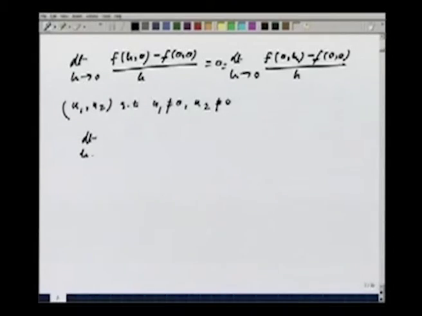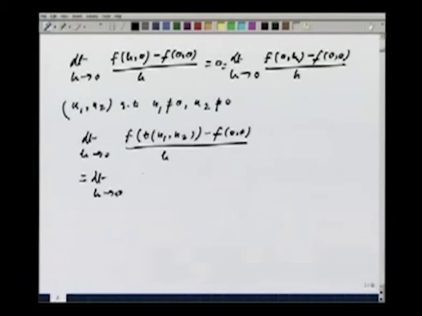Now we look at the limit as h goes to 0 of f of (h u1, h u2) minus f of (0, 0), which I know is 0, divided by h. Sorry, instead of t, it should be h, because the increment is given in terms of h.